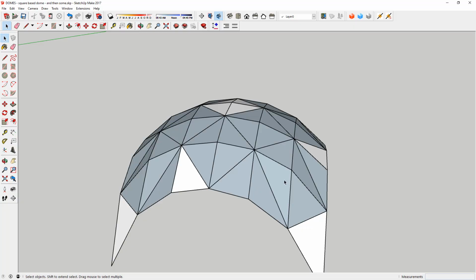Yes, you can divide these two triangles horizontally instead of vertically like this. However, as soon as you do that, you lose the grid-like, square-like shape when you're looking at it in plan view. So this is the true representation of the dome.